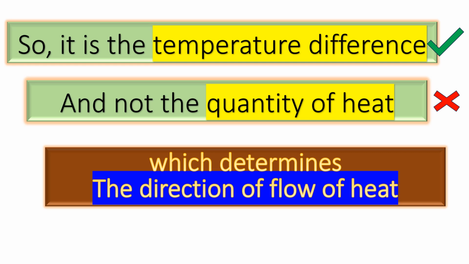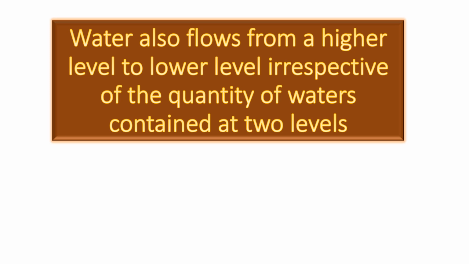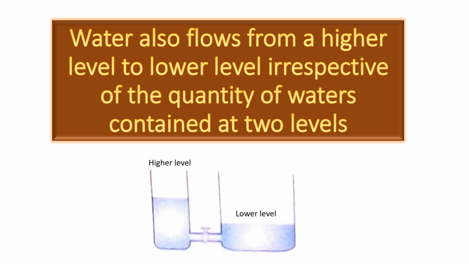Similarly, there is one more very common example from our day-to-day lives, that is water. Water also flows from a higher level to a lower level irrespective of the quantity or volume of water contained at the two levels. If we see there are two beakers, this beaker is at a higher level and the level of the water in this beaker is lower.